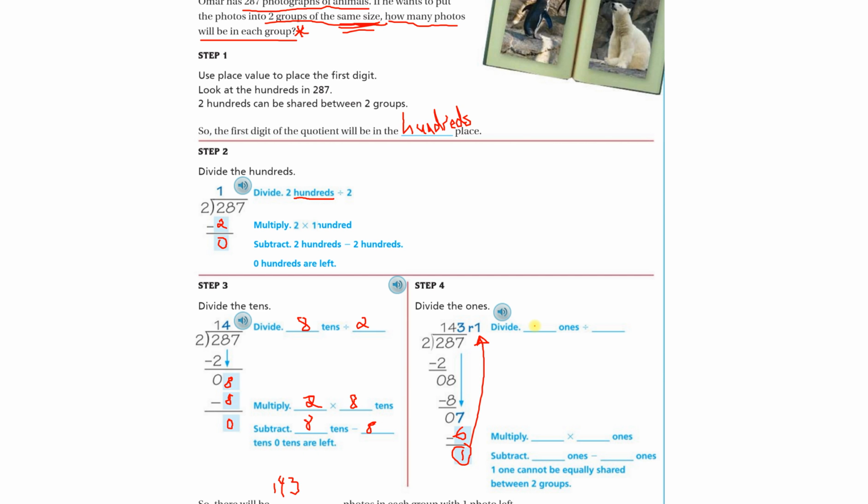Here we're dividing the 1, so 7 divided by 2, multiply 3 times 2, and then we subtract. Sorry about that. So we get 7 minus 6. And that's how we get our 1 left over.